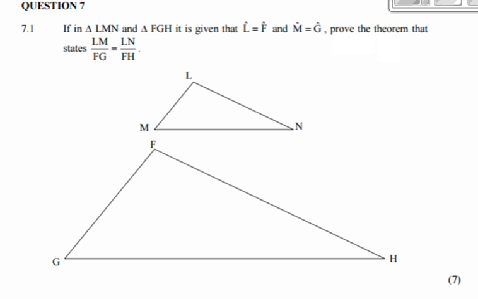In this one it says, if in triangle LMN and triangle FGH it is given that L equals F and M equals G, and then obviously they don't state it, but the third angles in the triangles must be equal. Prove the theorem that states that LM divided by FG is equal to LN divided by FH. In other words, that those sides are in proportion.